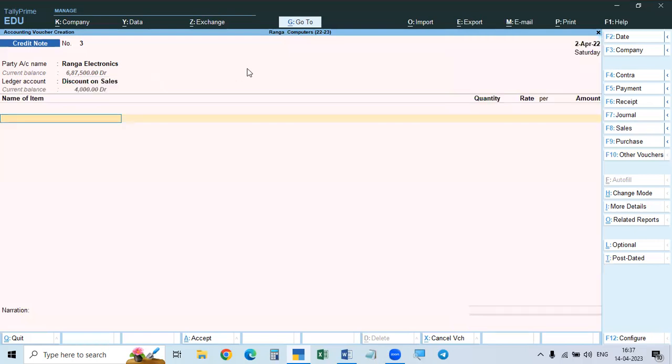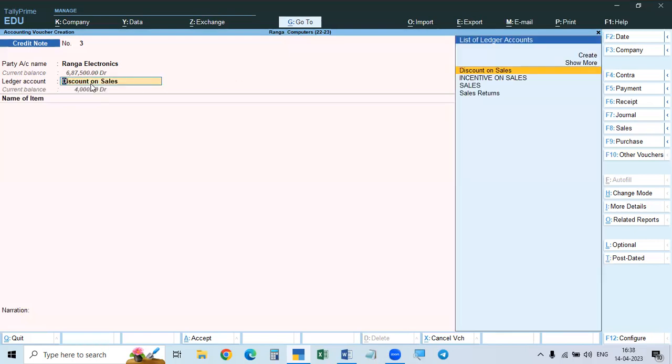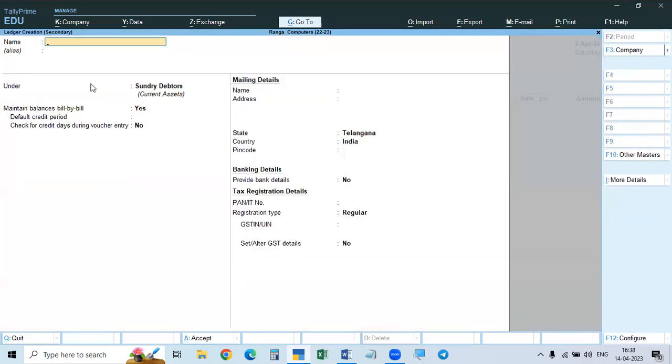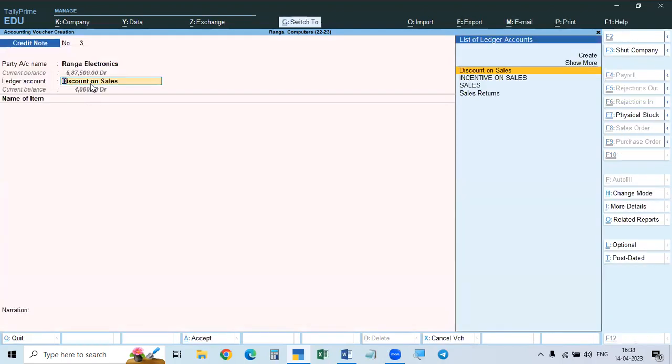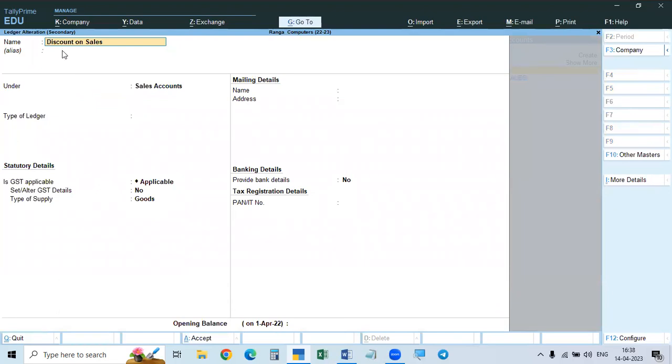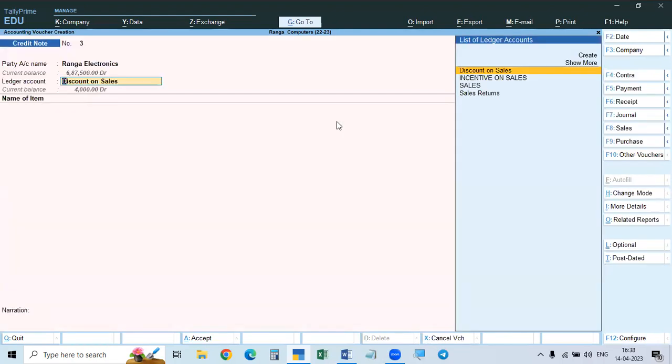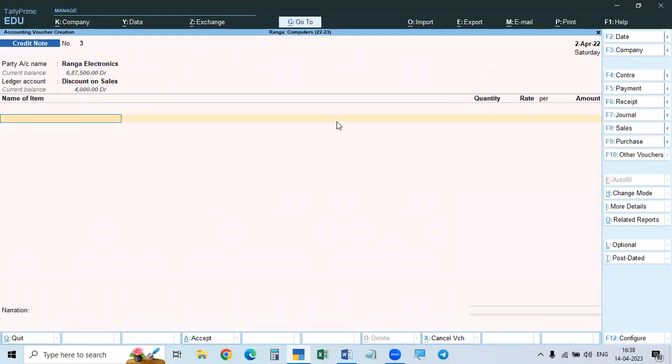If it is not created already, by pressing Alt+F6 we will write discount on sales. When you create, the name is discount on sales, that is the ledger name, and the group will be under sales account only.